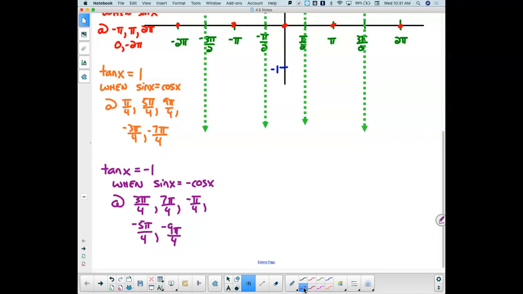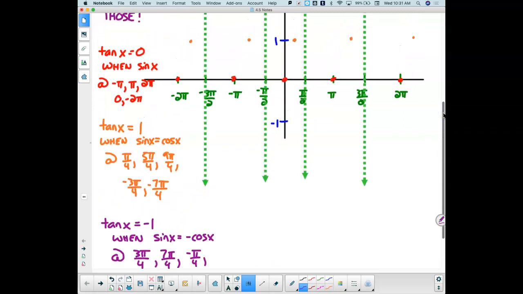Okay. Back to our graph. So 3 pi over 4 is here. 7 pi over 4 is here. Negative pi over 4 is here. Negative 5 pi over 4 is here.